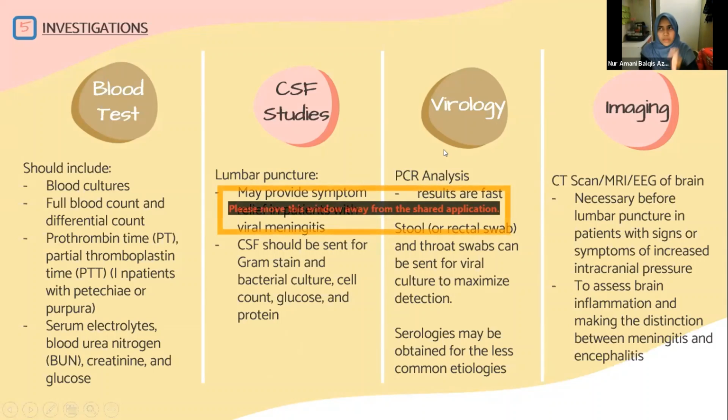So we can do PCR to diagnose viral encephalitis. Stool or rectal swab and throat swab can also be sent for viral culture to maximize detection. And serologies can also be done, especially for the less common etiologies, where we detect the antibodies present towards any specific pathogen.